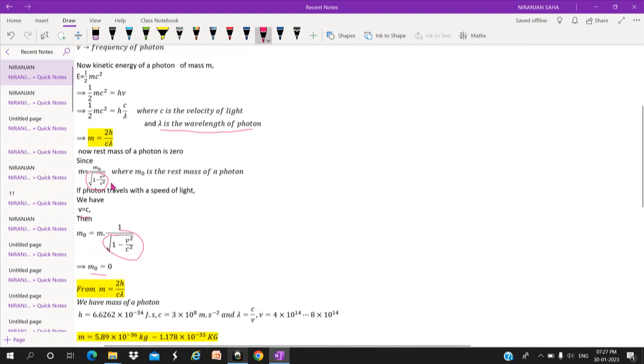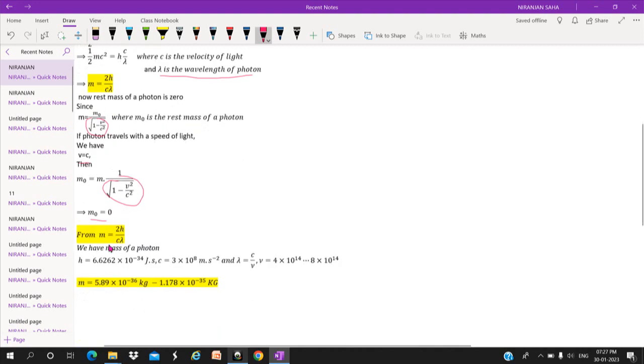Therefore m is equal to 2h by c lambda, and if we put h equal to 6.6262 multiplied by 10 to the minus 34 joule second, c equal to 3 into 10 to the 8 meter per second, lambda equal to c by nu, with nu equal to 4 into 10 to the 14 hertz, then we will get the mass of the photon 5.89 into 10 to the minus 36 kg, or nearly in the range of 1.178 into 10 to the minus 35 kg.